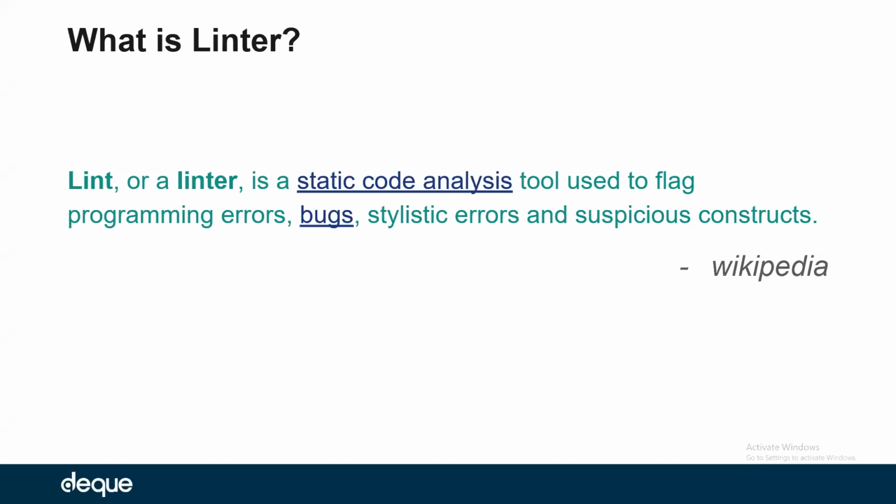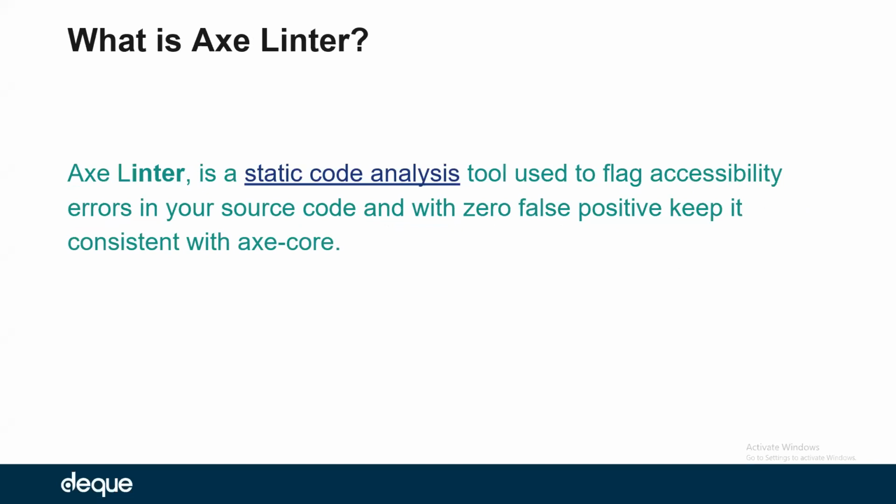So what is AxeLinter? AxeLinter looks at accessibility related issues in your source code. Even as you're writing code or developing an application, the AxeLinter tool can look at your source code and immediately flag issues. That means you don't have to wait for the entire development to be completed.